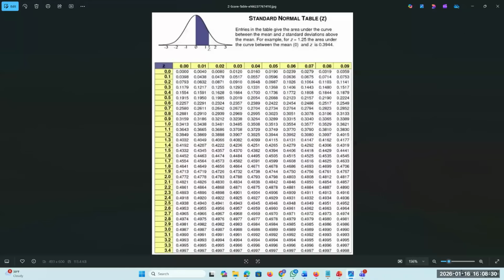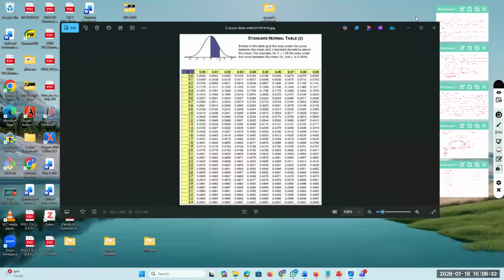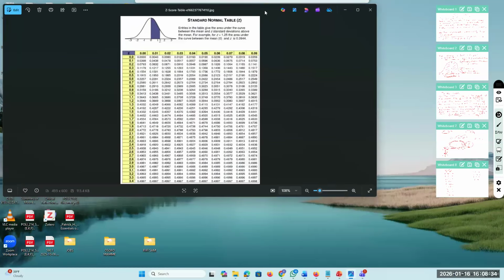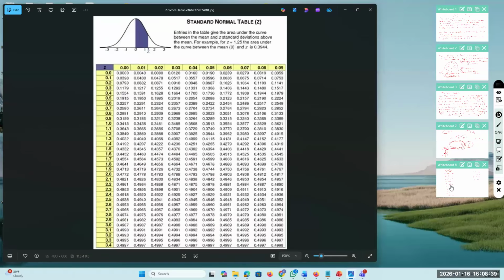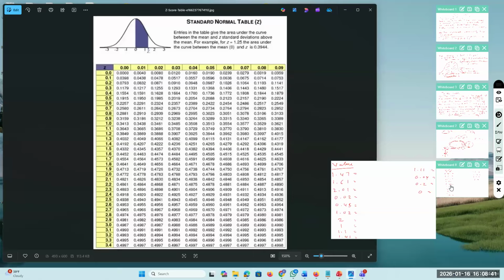Is that those who took a shot of the table? Okay, 1.61. Good. So Pascaline is giving us 1.61. Pascaline, we are waiting on you. 1.61, what would the answer be?